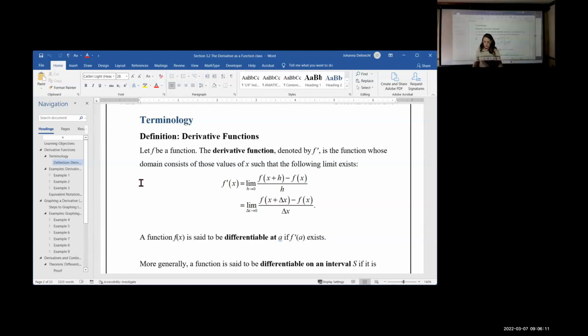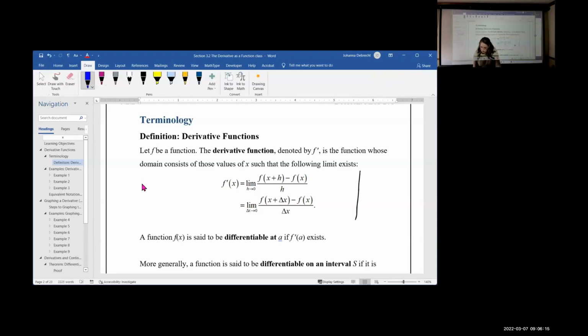So if I were to draw a picture and I had a graph and this were x, this would be x plus h, or x plus delta x, where that distance between them is h, some small amount.